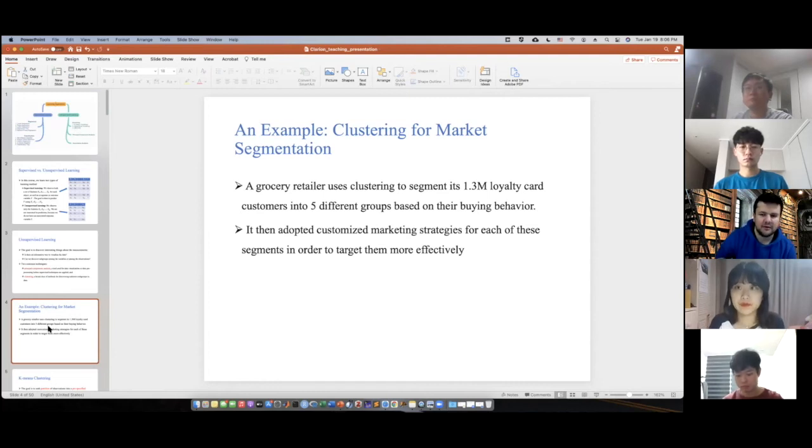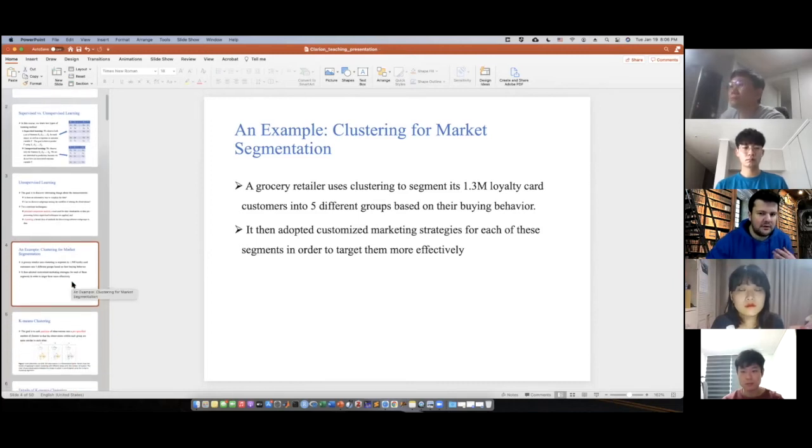So rather than using the same strategy for all the loyalty card customers, we can cluster them into segments, and based on their descriptions or their style, we can customize marketing strategies for each segment.